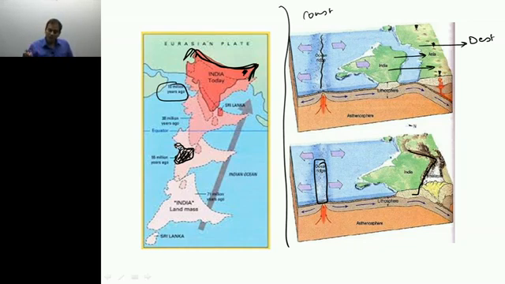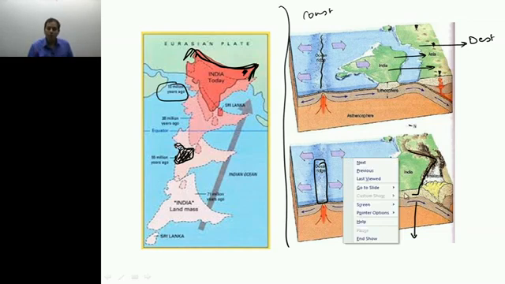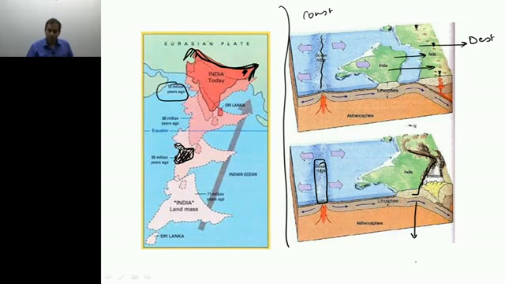Now the plate tectonic theory also can explain why there is a lack of volcanoes in the Himalayas. Why? Because, as you see in the diagram here, it is an example of a continent and continent collision, not an oceanic and continental collision. And as a result, because it is not an oceanic and continental collision, none of the crust is destroyed.